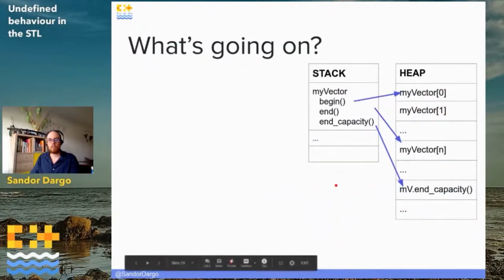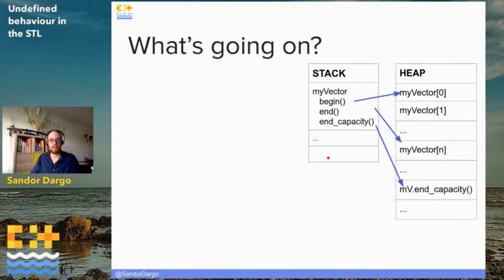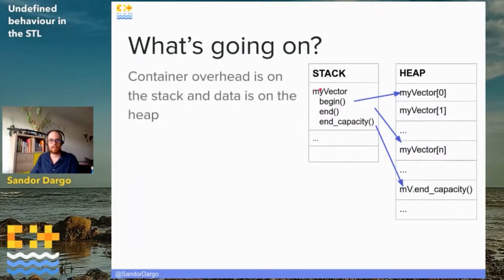So how most of these containers are built is that you will create a variable on the stack, and you have the overhead on the stack, but the data will be on the heap.